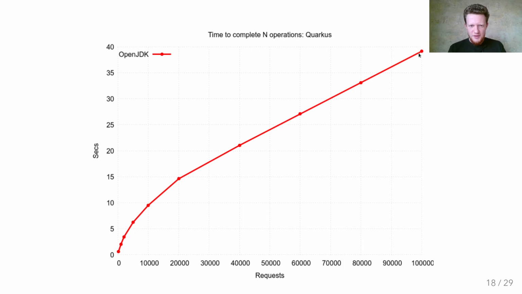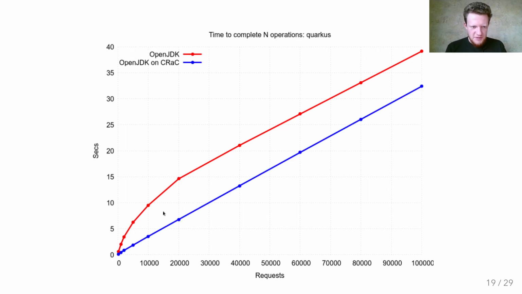We have created a checkpoint at this point actually, and once we have restored the instance, the curve looks like this.